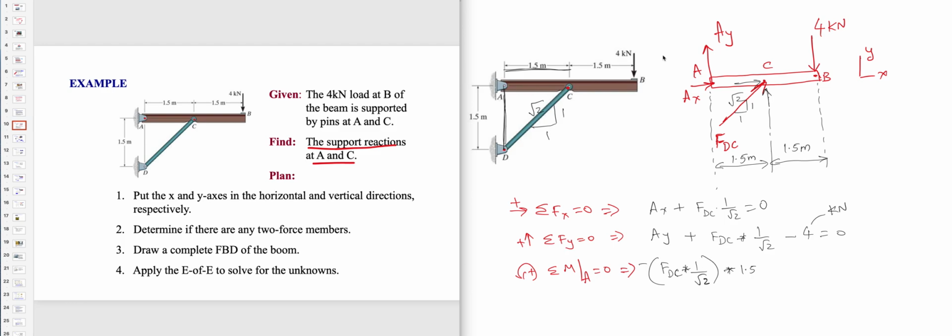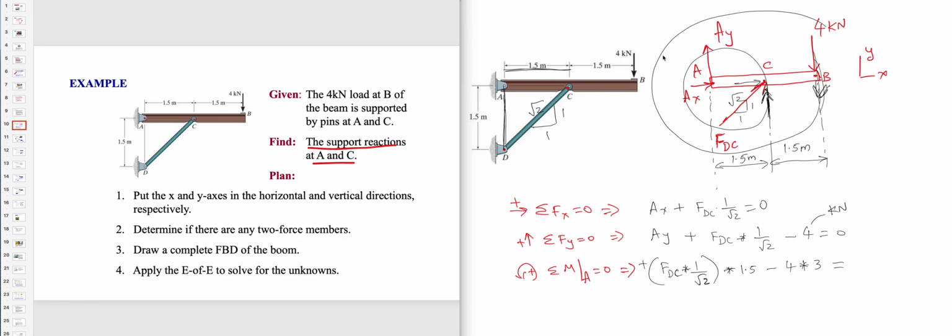So counterclockwise, so positive. Then negative 4 times 3. This is negative 4 because it is going clockwise with respect to A. And the FDC in the Y is positive because it's going counterclockwise with respect to A, where this is going clockwise with respect to A.